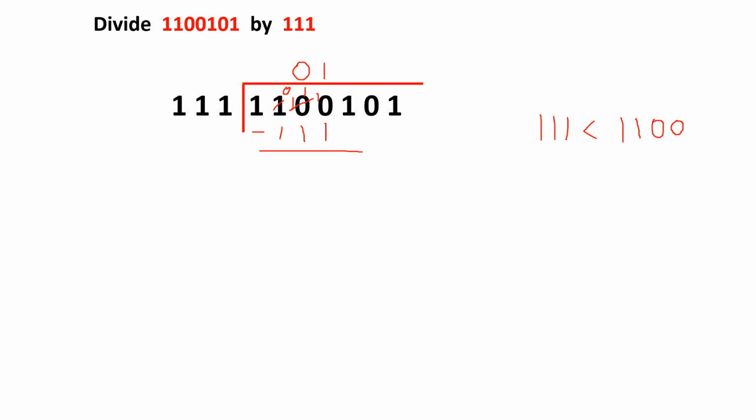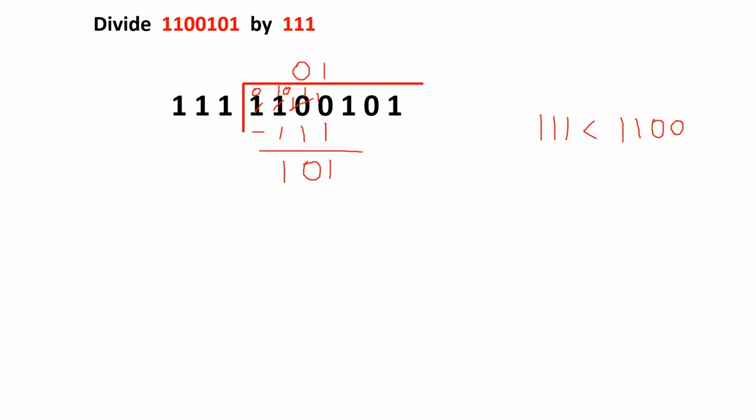Then 1 minus 1 is 0. Again here you have 0. So 0 minus 1. So you have to borrow from here. So 10, 10 minus 1 is 1. You can check my YouTube channel for the binary subtraction video.